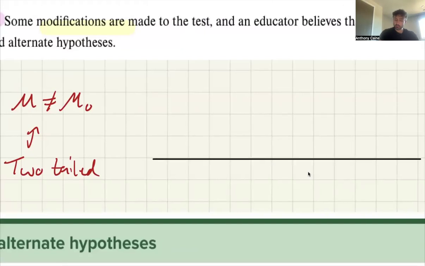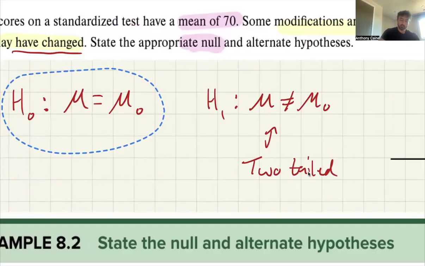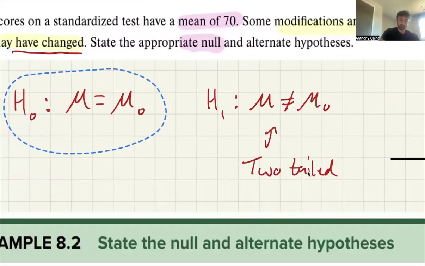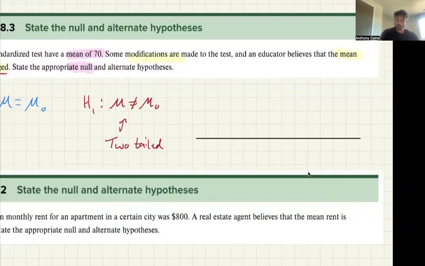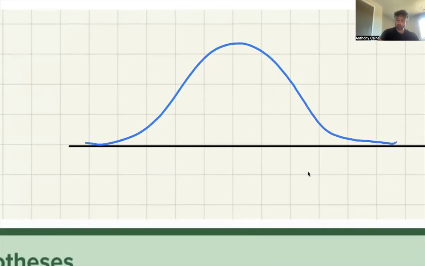curve. There's some old mean, which, if I was to color code, let's say I make this blue. If that was still true, then our data would lie on this bell curve where the mean is mu0.